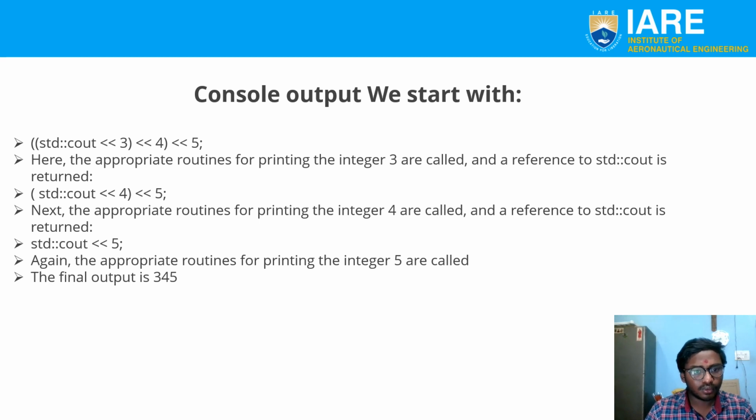The final output is 345. It means if you give 3, 4 and 5, it takes them one after another in sequence.